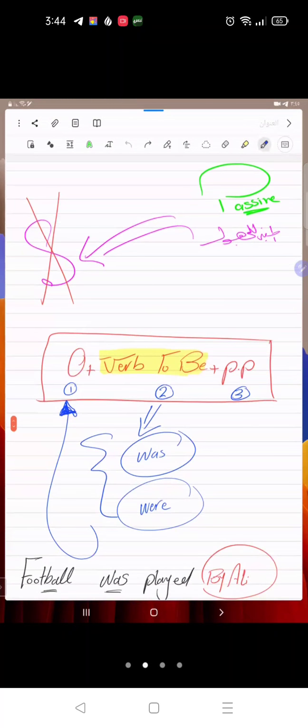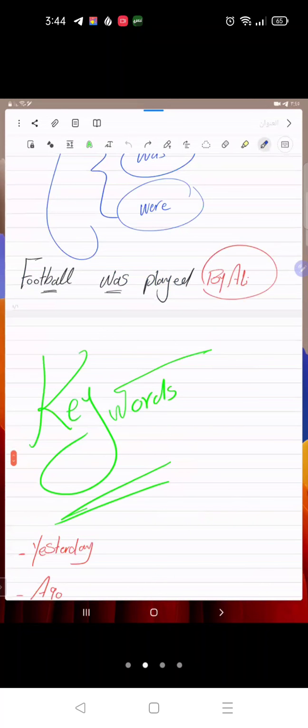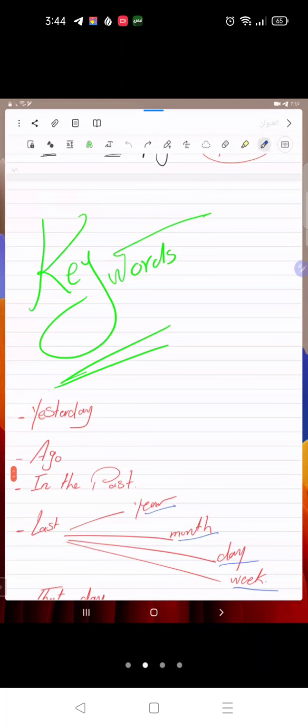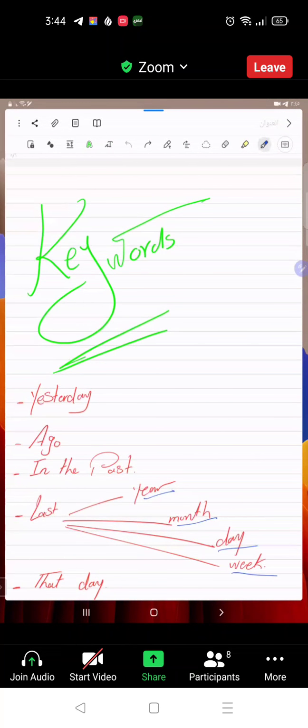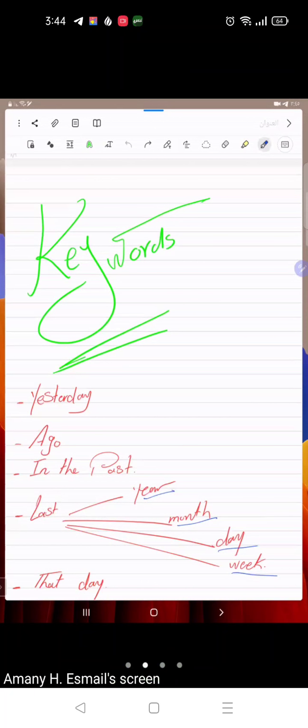And the last one, we talk about the key words. Do you need anything about the past simple tense? Is everything clear? Yes, okay.